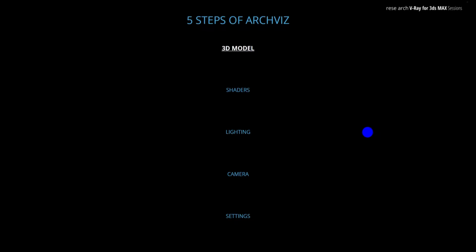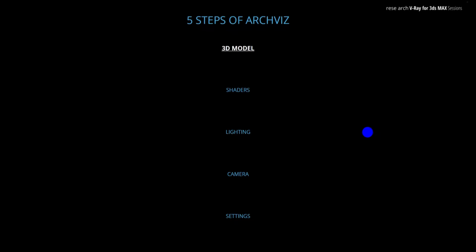So 100% you need to have your 3D model of the object of your interest that you are trying to visualize, and you also need the environment in order to create a complete image, so it's not out of context, right? This is simply the step that you cannot skip, because you would have nothing to make the render of.